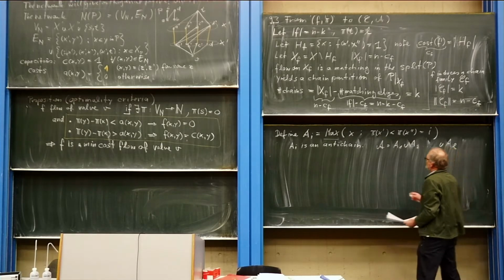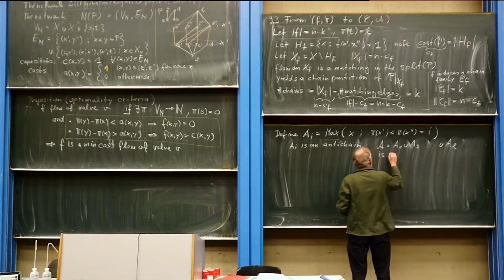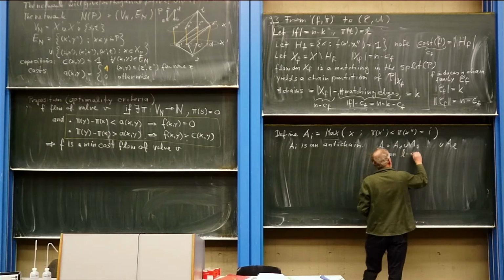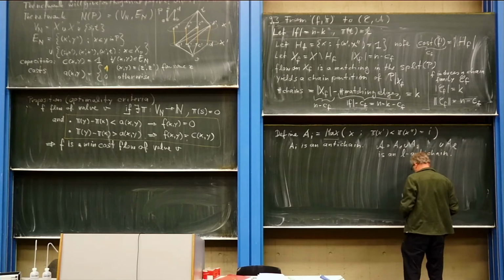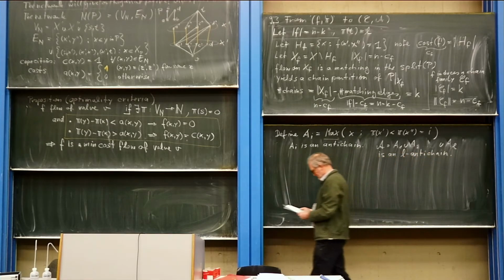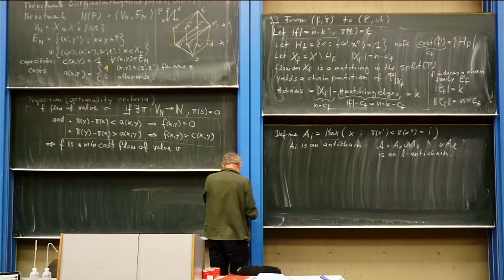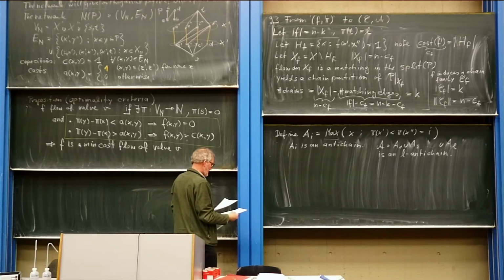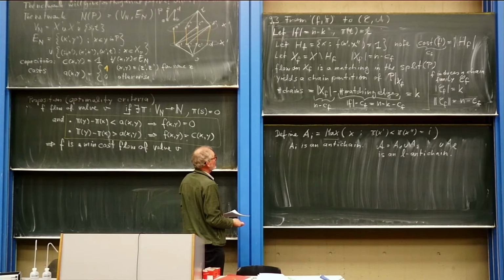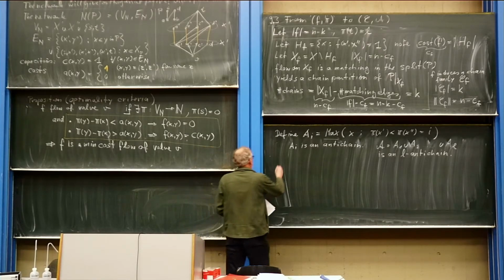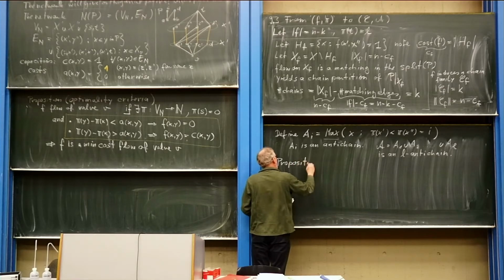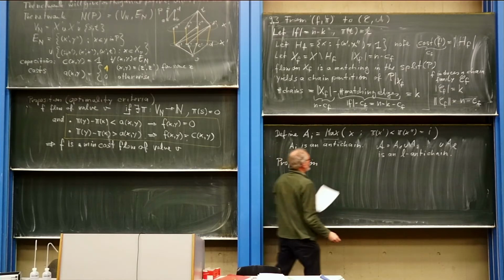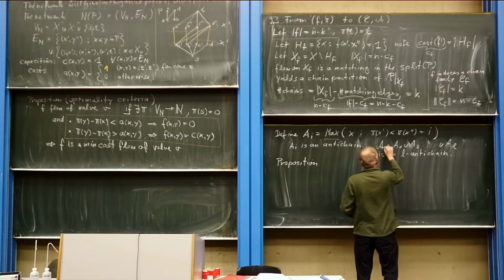So this is an L antichain family. And now what we want to show depends on phi.